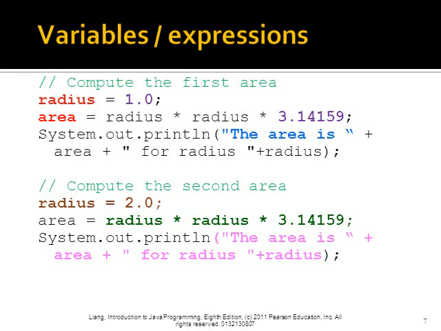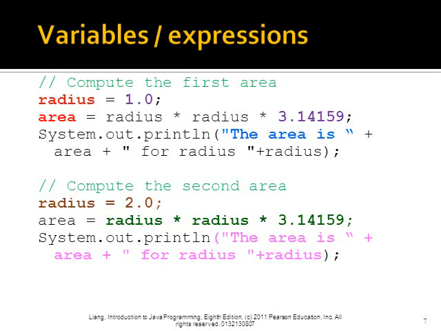All right, this slide is really pretty busy. It's just a little program snippet to give examples of various things. First off, it's providing an example of a variable, in the sense that our variables are indicated in the red up there, radius and area.